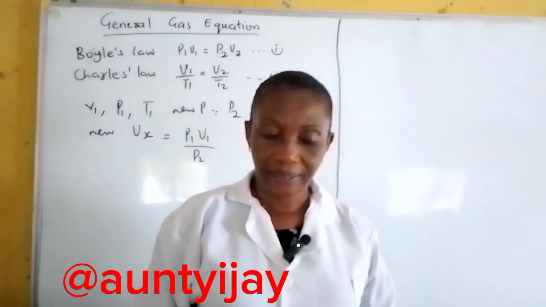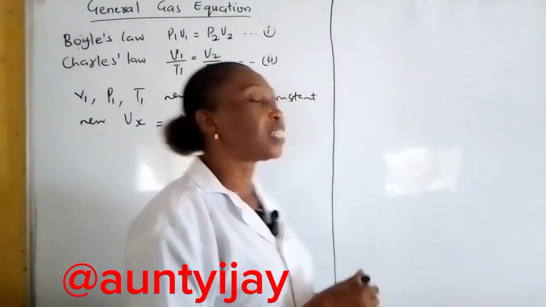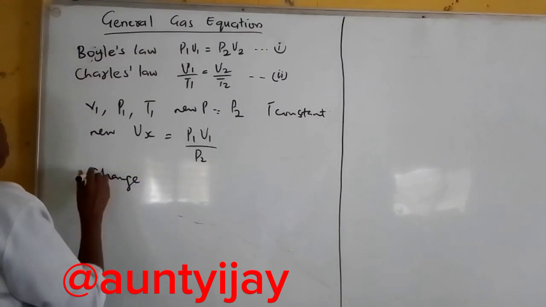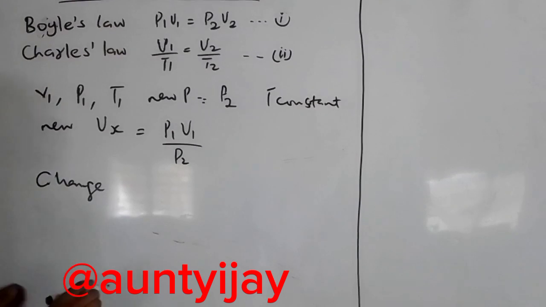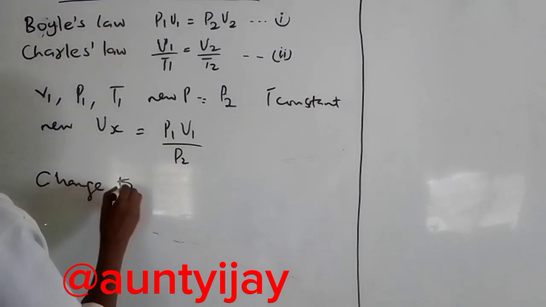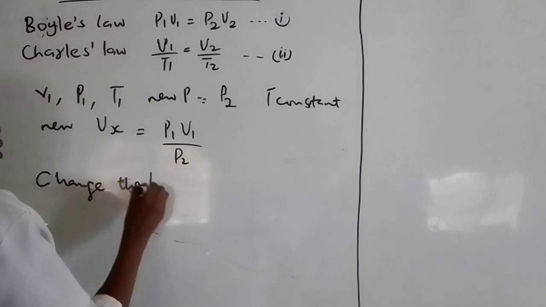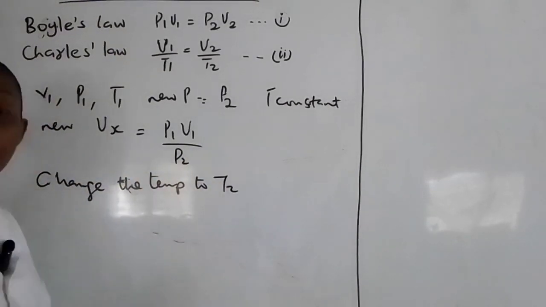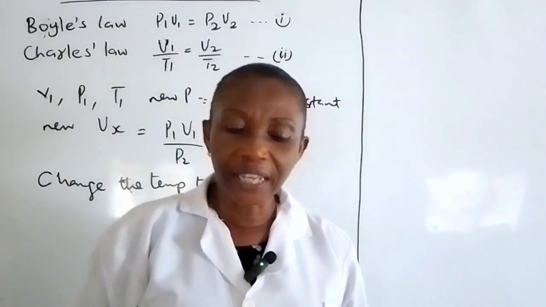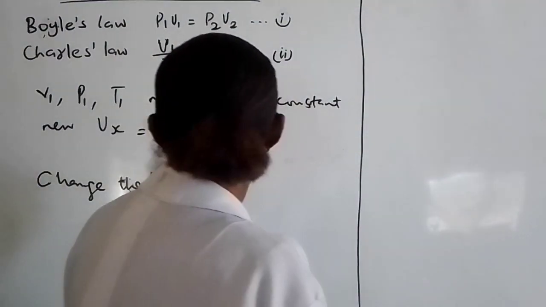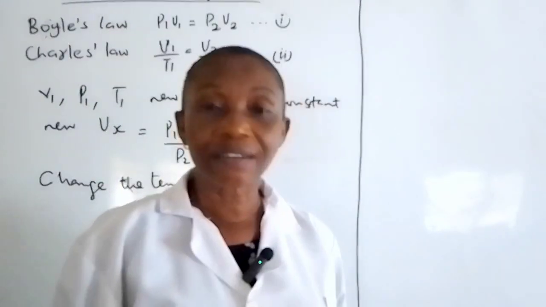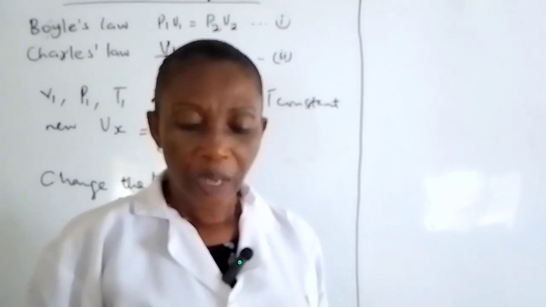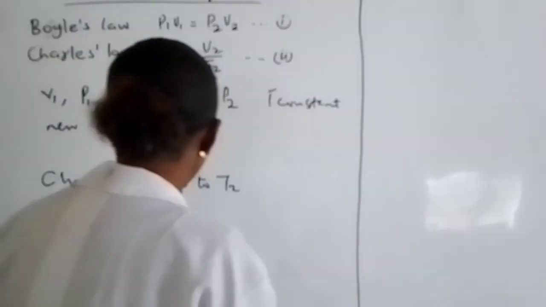Now, similarly, if we change the temperature, remember that initially the temperature is constant. If we change the temperature to T2, using Charles's law we can derive the value for a new volume if we keep the pressure constant.